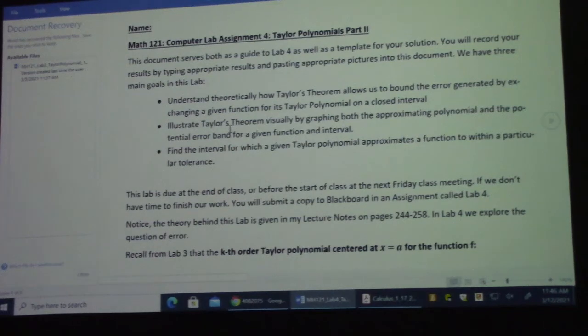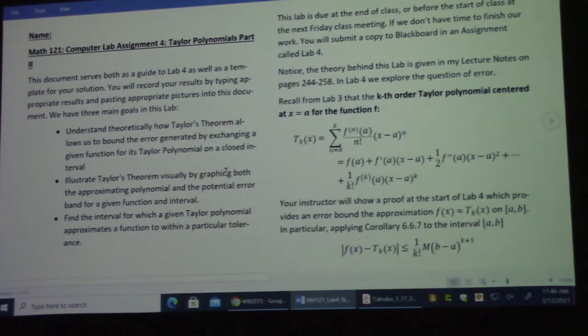I showed you some examples of that in the notes just a second ago. And then we're going to find the interval for which a given Taylor polynomial approximates the function within a particular tolerance. What we need to do these things are both Wolfram Alpha to take derivatives and Desmos to actually look at some graphs and to find some bounds.